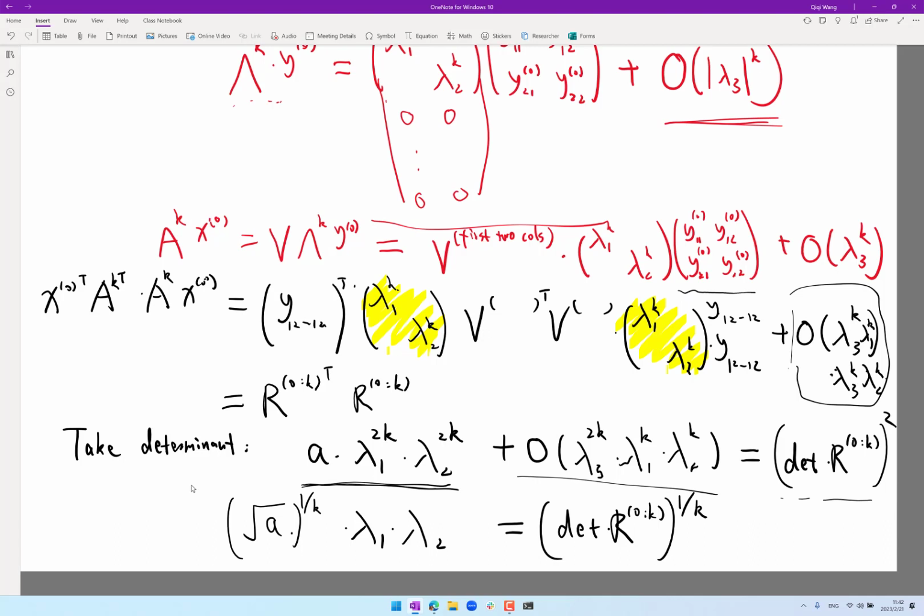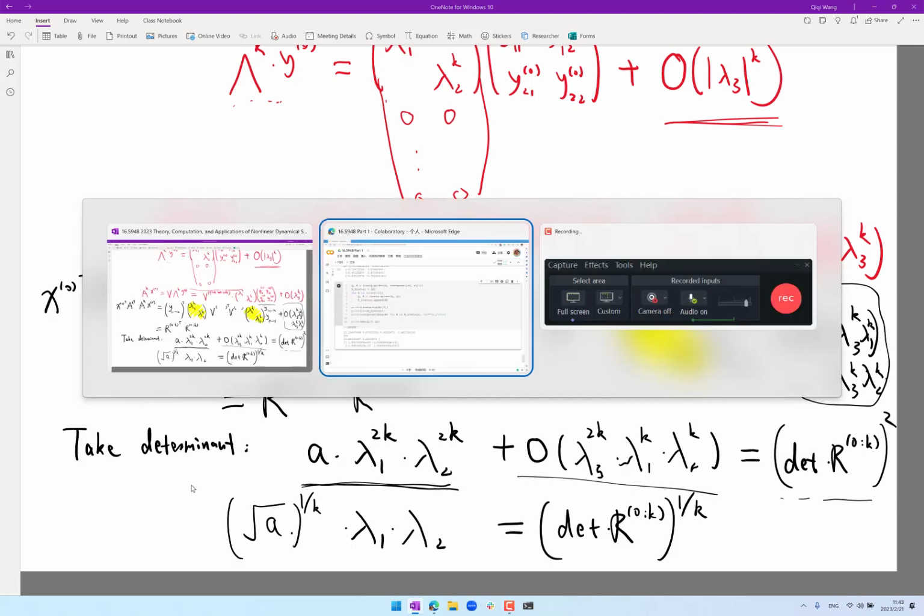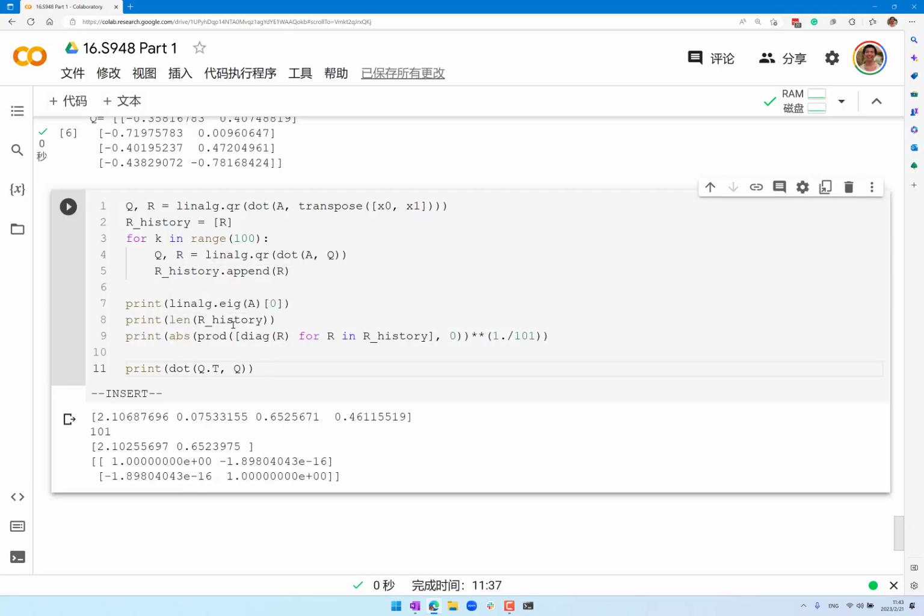So this is actually what we just did, right? What we just did in the code is actually computing the product of the eigenvalues independently.